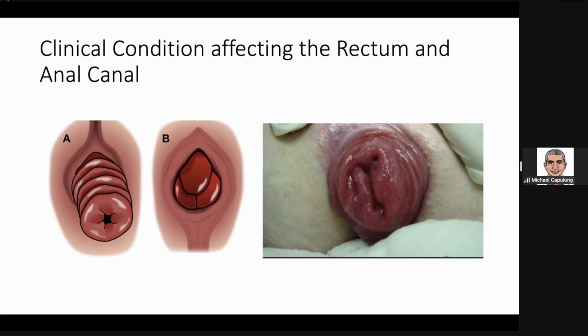On the right is an actual patient with rectal prolapse. As you can see, this is a complete rectal prolapse with the typical and very characteristic honeycomb appearance of the prolapse.